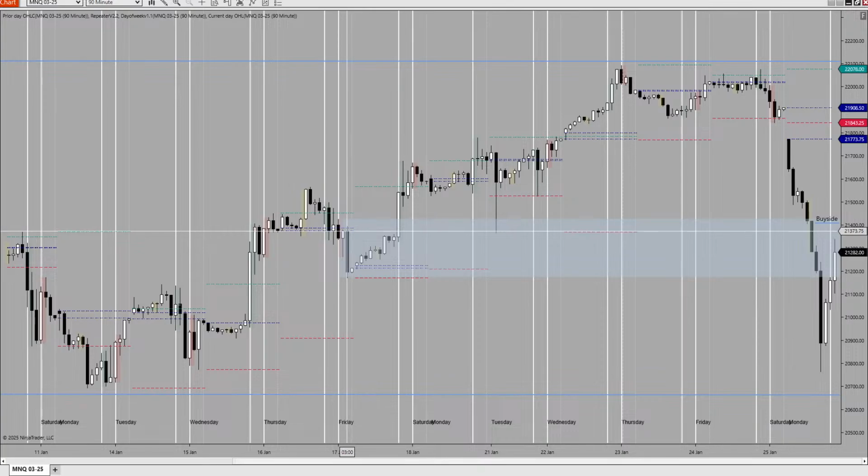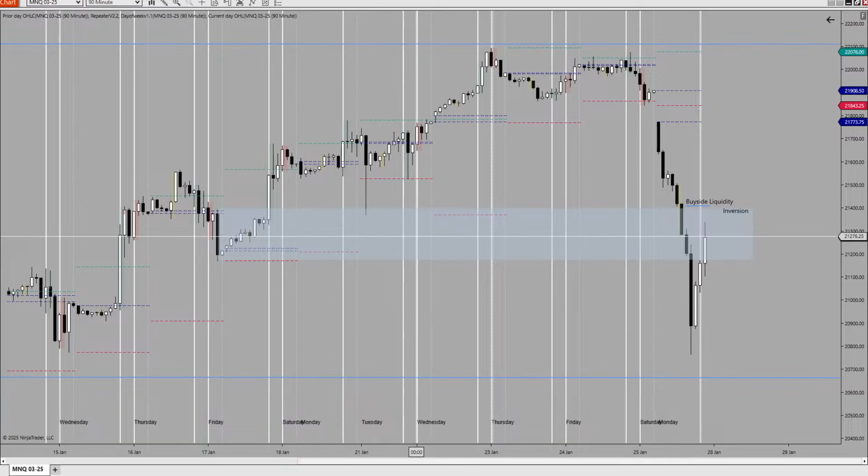So on a 90-minute basis, we have just this single down close candle. We can recalibrate this over here and just highlight this single down close candle. And you can see price has dipped into it from here, it has gone higher.